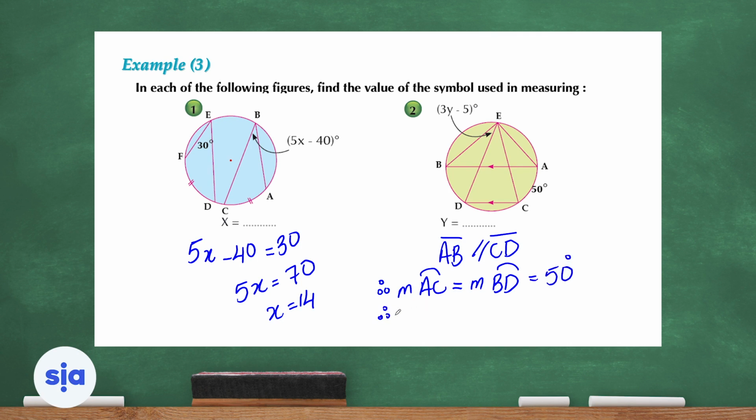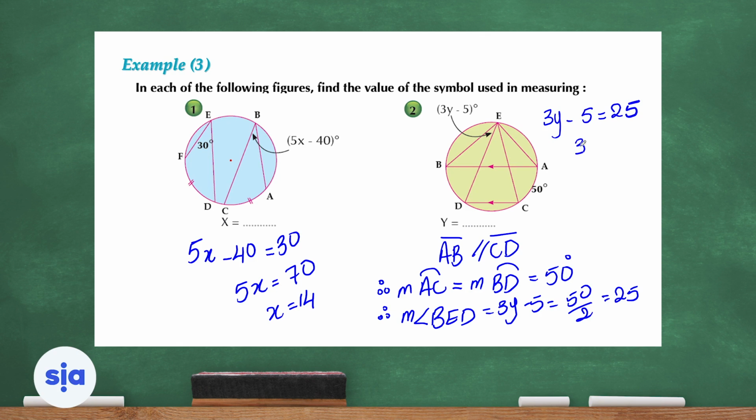Therefore, the measure of angle BED is equal to 3y minus 5, which is 50 divided by 2, which is 25 degrees. So, to find y, you will say that 3y minus 5 is equal to 25, where 3y equals 30, then y equals 10.